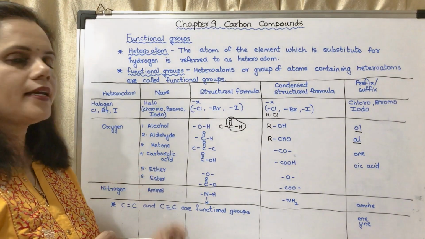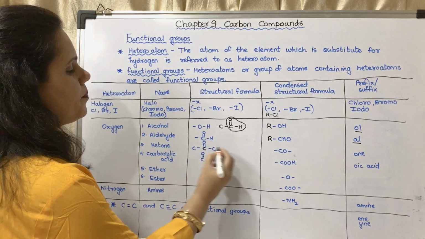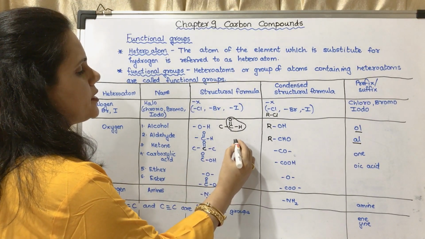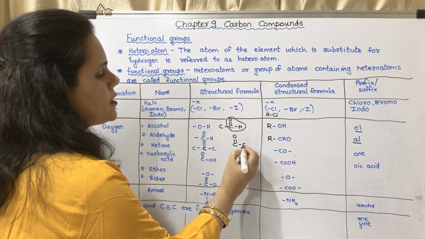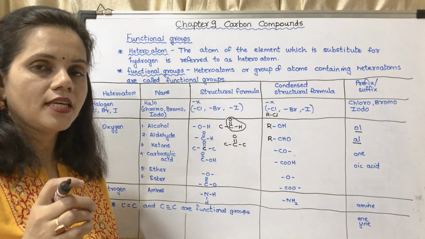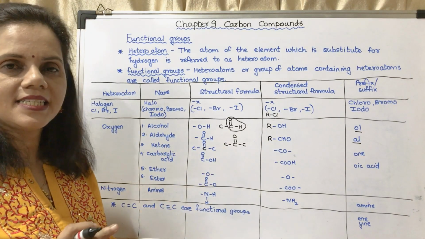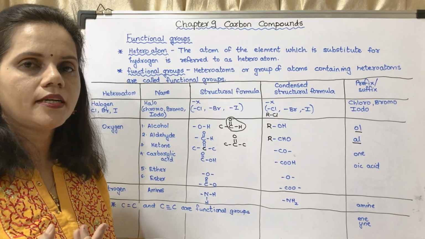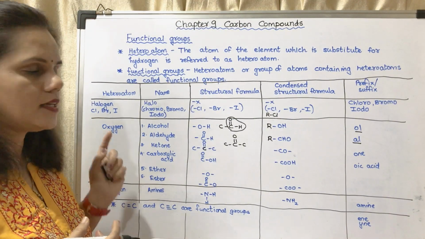The next is ketone. Ketone means, here you may see this is C. That C is having a double bond O, and the other condition is that it should be having C on both sides. So CO in the middle and C on both sides. Besides C and H, what is the element? It is oxygen. That is why the heteroatom is written as oxygen here.